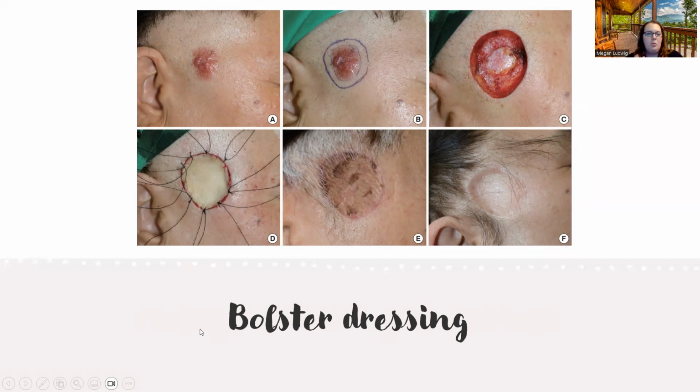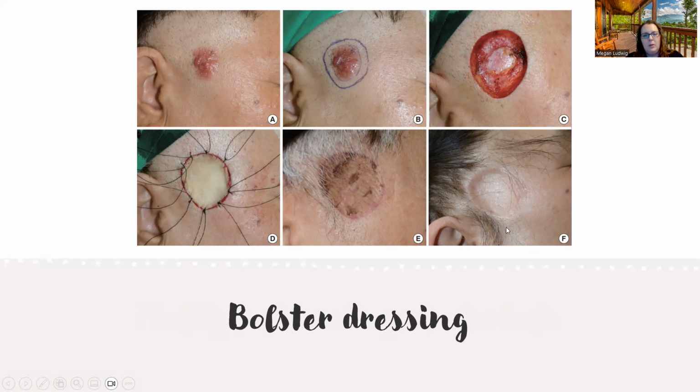So a bolster dressing and a pressure dressing are very similar in that aspect. You don't want this skin graft here in D to get any blood, as it oozes, up under it, because it will lift the graft away from where it needs to be. So you want pressure on it so it doesn't get too bloody under there and it doesn't take, essentially.